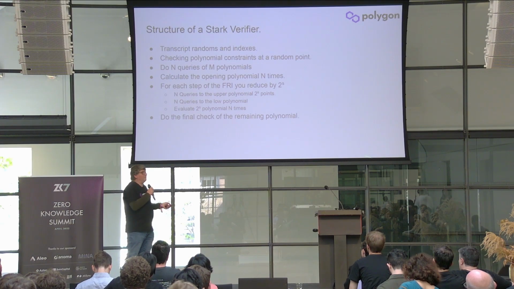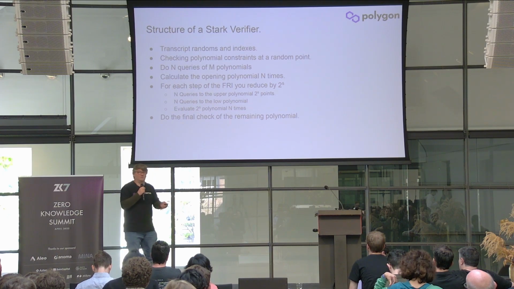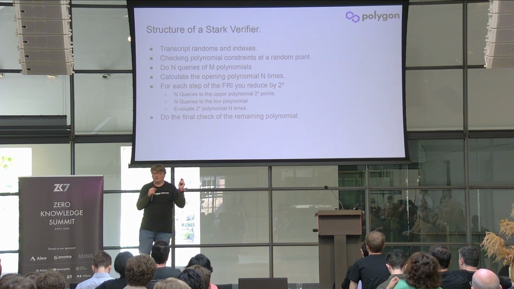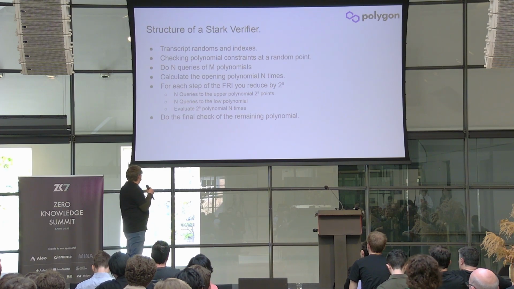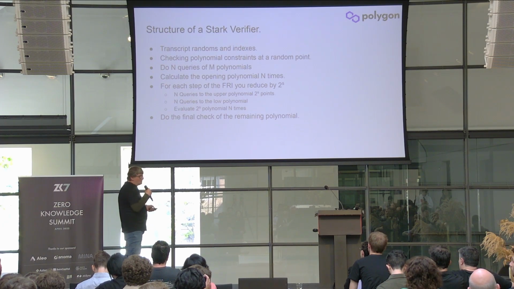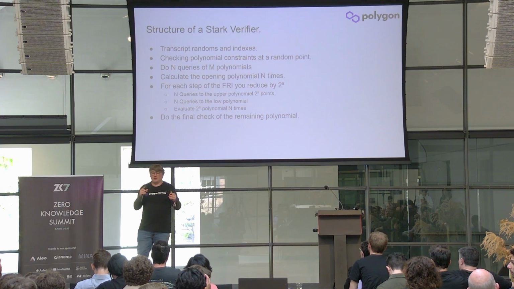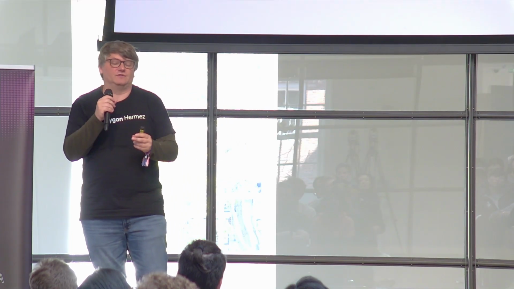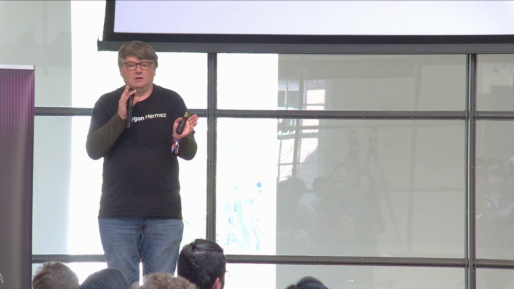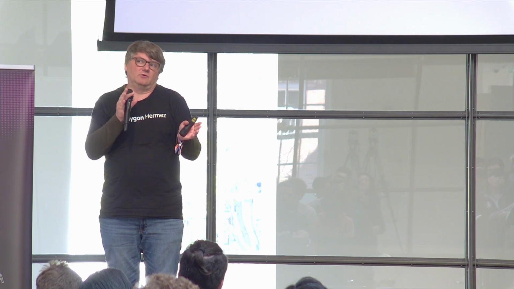In the FRI, when we go upwards and downwards, we have different queries also to the Merkle tree. So we have a lot of hashing here. We need to check. So the idea is that we need to do evaluations. We have a polynomial of degree less than n.